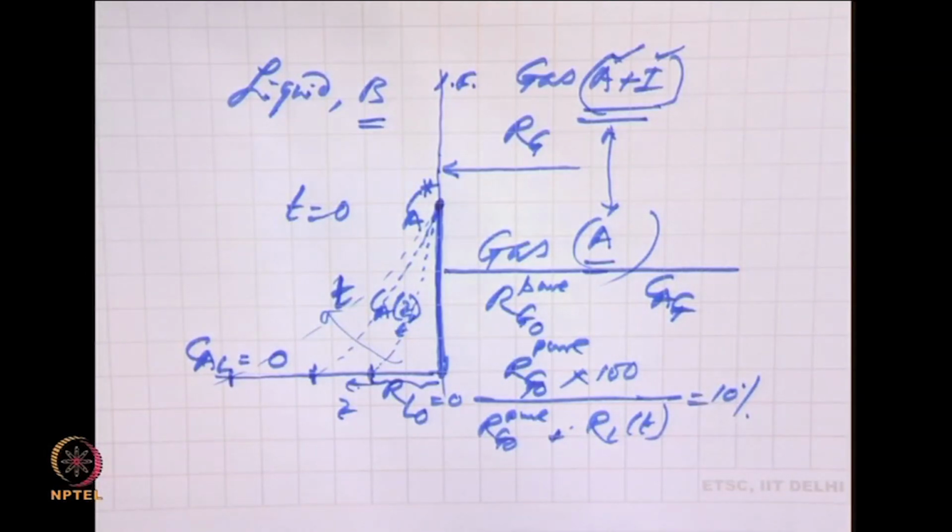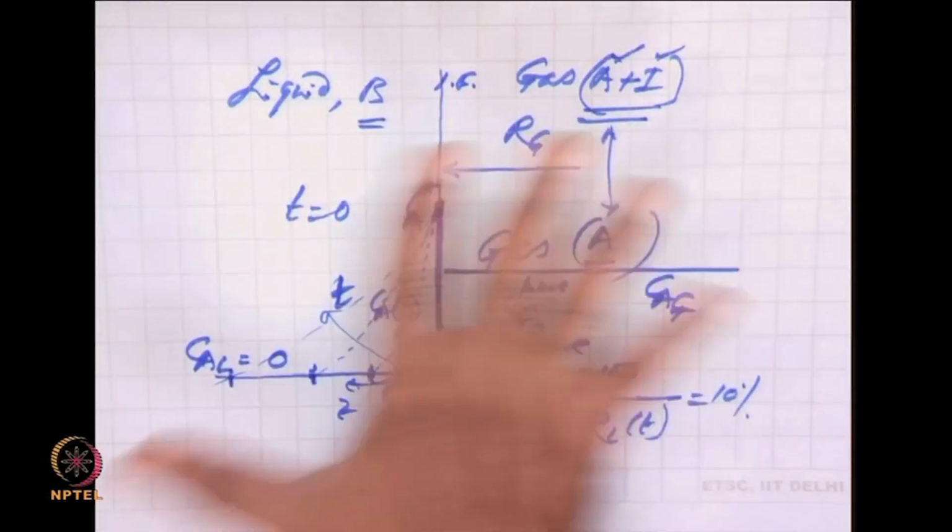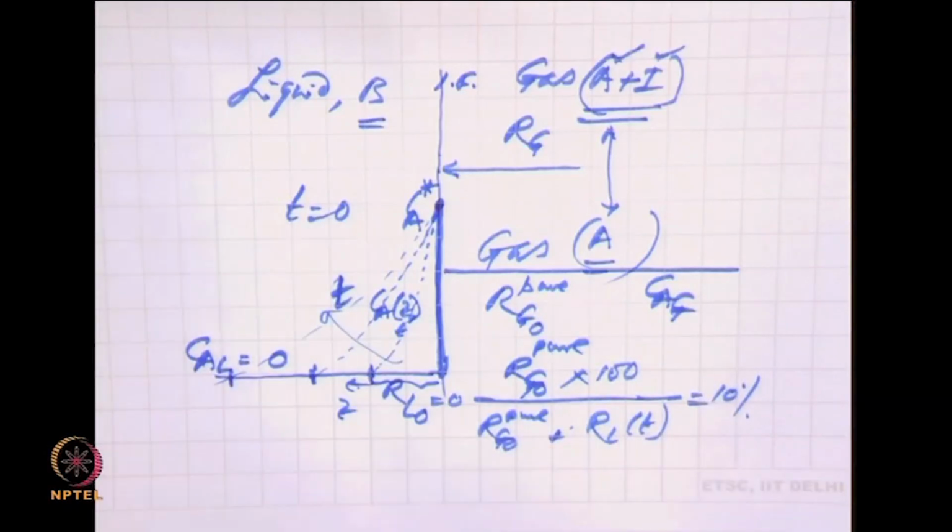The guess I want you to make, and that is a dramatic one, is for a typical gas liquid system, what time would that correspond to? How much time will it take for the liquid phase resistance to become overwhelmingly large compared to the gas phase resistance, if we start with pure gas?